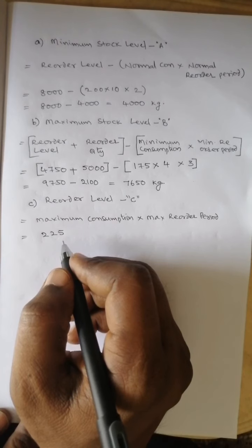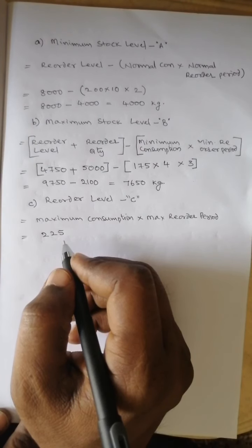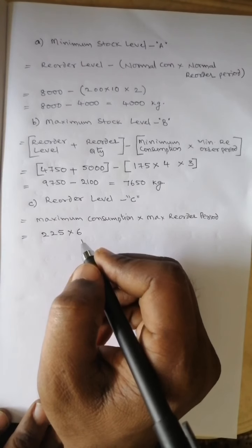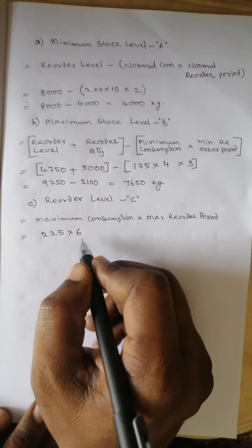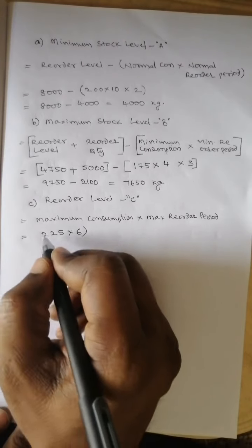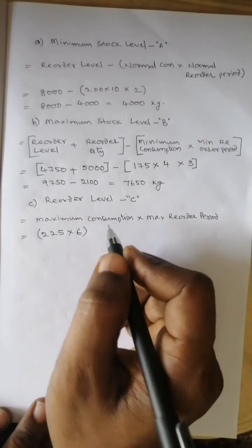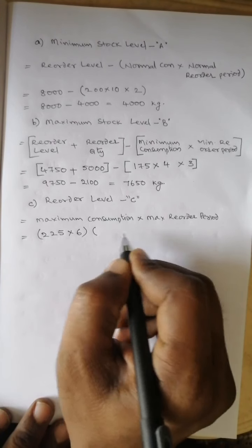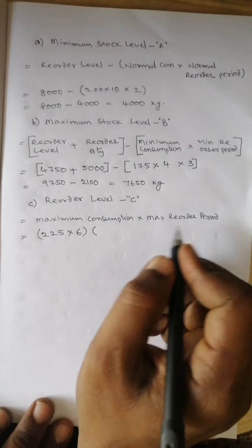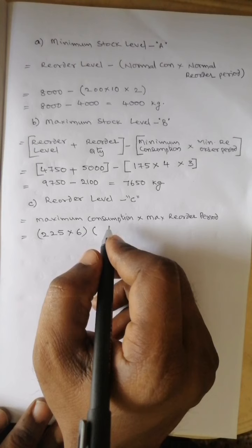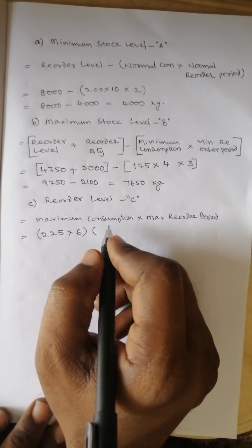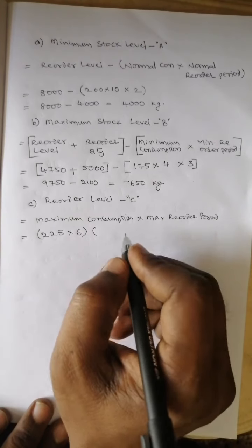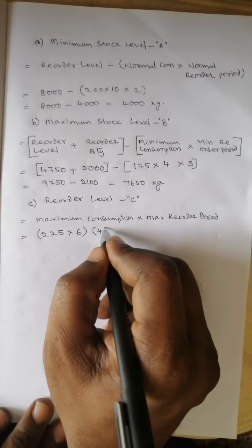In the table, column number 2 against C material, it is 6. For every unit, 6 kgs of raw material are used. When you multiply these two, you will get maximum consumption. Multiply with maximum reorder period. Maximum reorder period, 2 to 4 weeks are given. So in which 2 is minimum, maximum is 4 weeks.